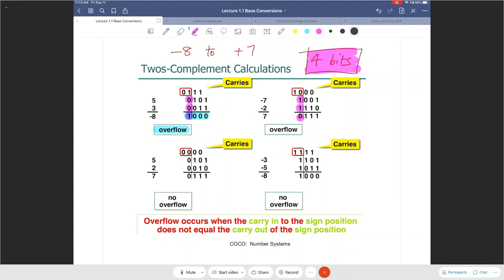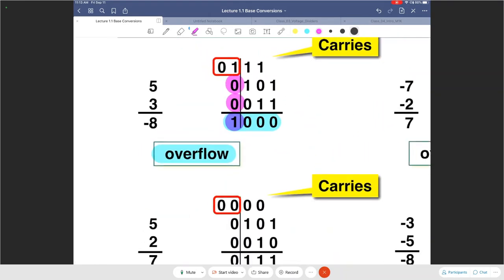So the idea is this. If you have 4 bits and you are adding numbers, then you may have overflow if the numbers get added to be outside the range. Because you had 8 here, you actually got an invalid result, 1000. The reason for that was overflow. You expected something, you got something else.